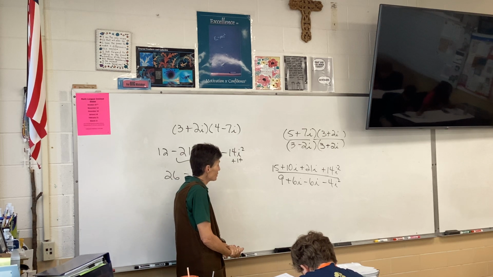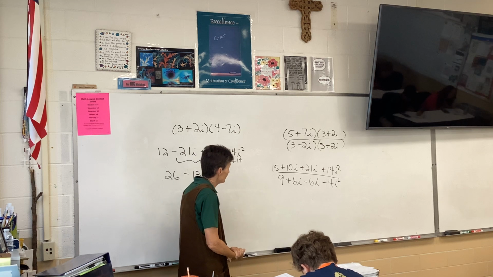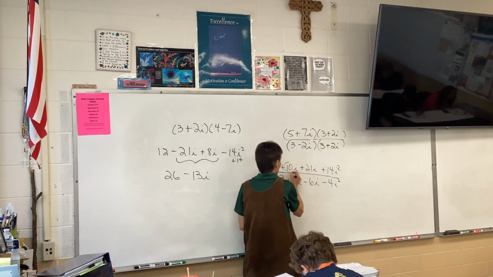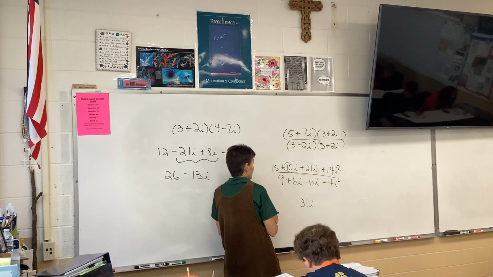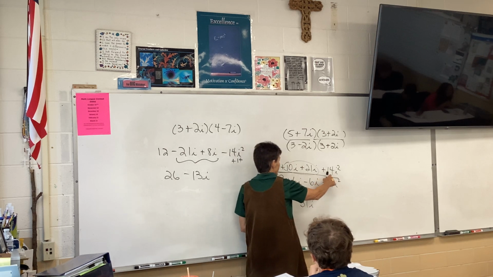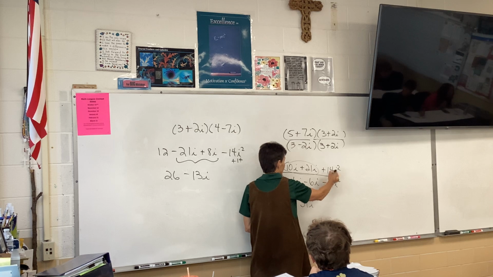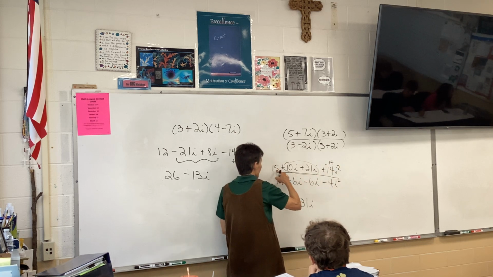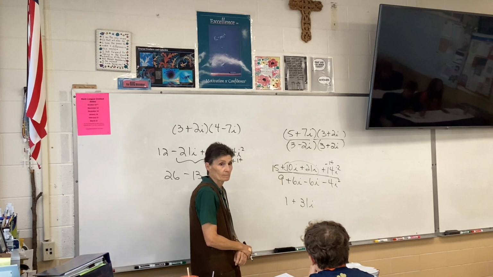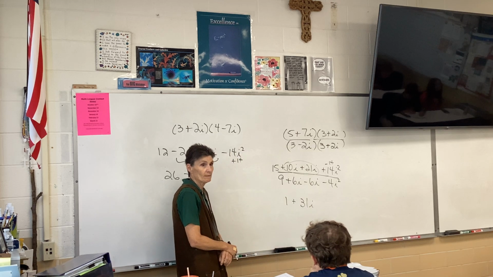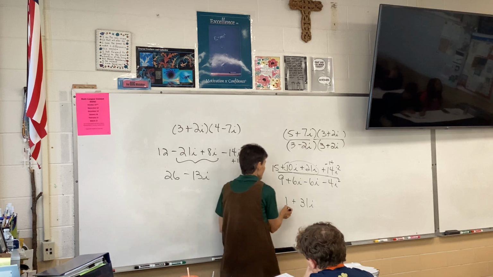What happens on the top when we clean that up? Looks like I'm gonna have a 31i. What's this? Negative 14, so 15, that's just 1. Plus 31i. And then what happens on the bottom?